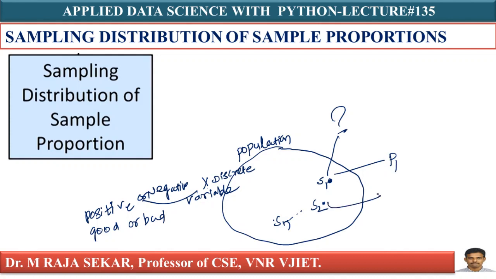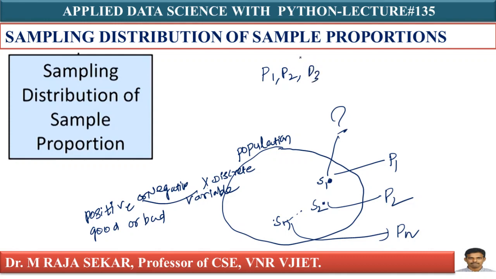Out of sample 2, how many good products are there? I need the proportion of good products in sample 2. Again, for sample n, how many good products are there? That is Pn. So we have P1, P2, P3, and so on up to Pn.